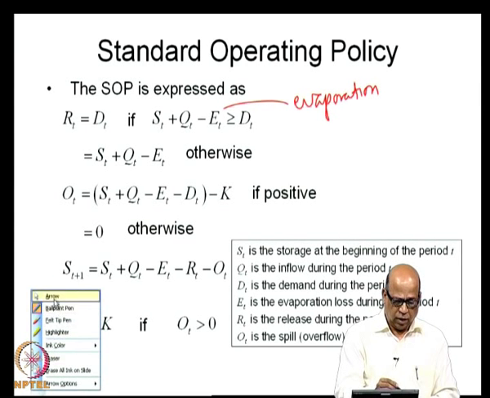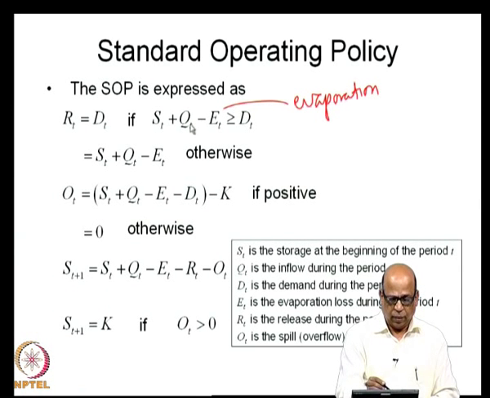The storage at the beginning of the time period plus the inflow during the time period minus whatever the losses are. If it is greater than the demand, then you make R T equal to D T. If this water available after taking out the evaporation is less than the demand, then the release is equal to the water available itself, which is S T plus Q T minus E T.